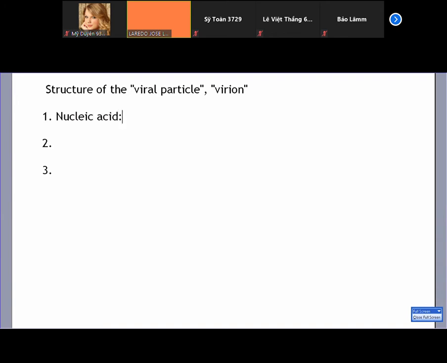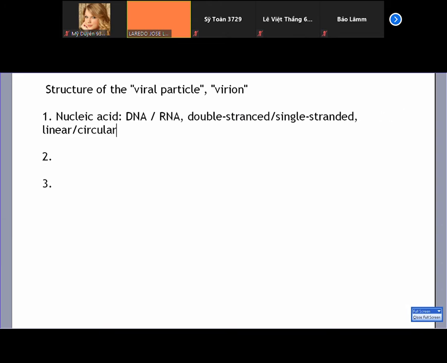The nucleic acid of the virion may be either DNA or RNA. It may be either double-stranded or single-stranded. It may be either linear or circular.